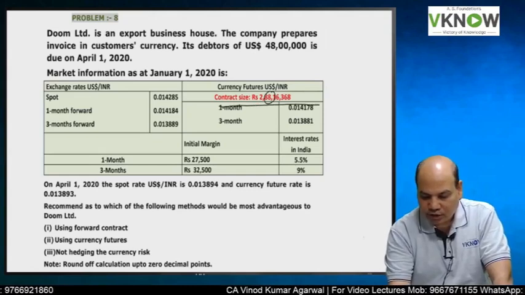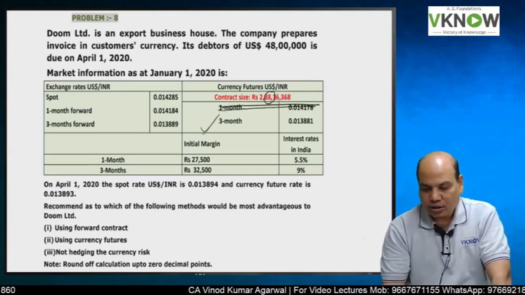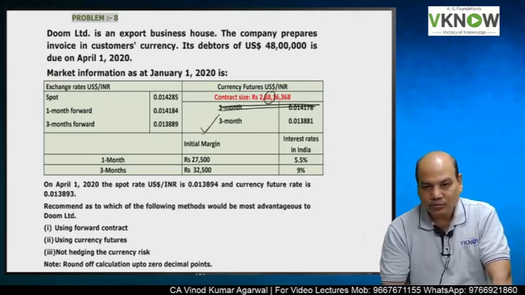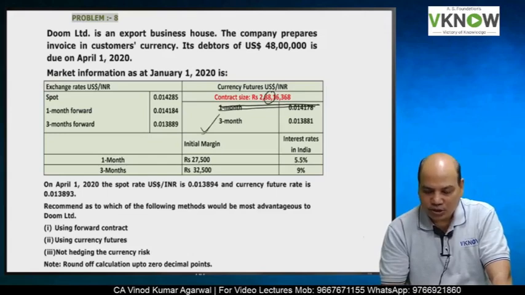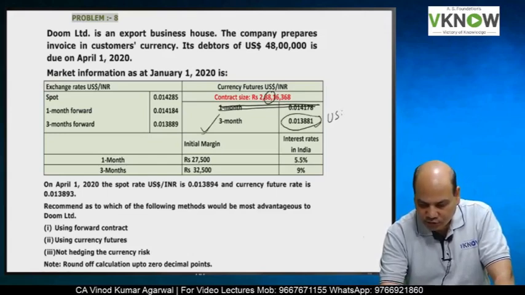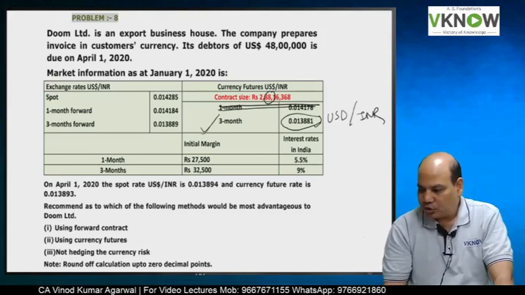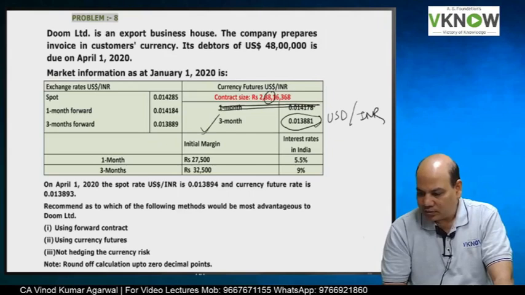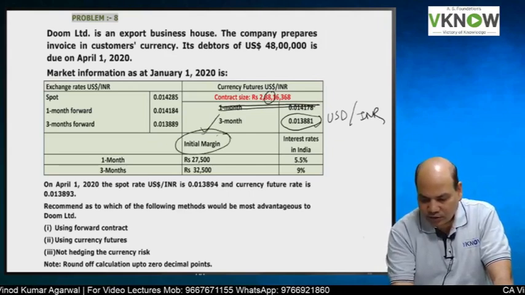The 1 month future is irrelevant because I will book a future contract which will match my maturity or be near my maturity. So 3 months, and this is the rate. This will be USD per INR. Understood? Next line, initial margin.